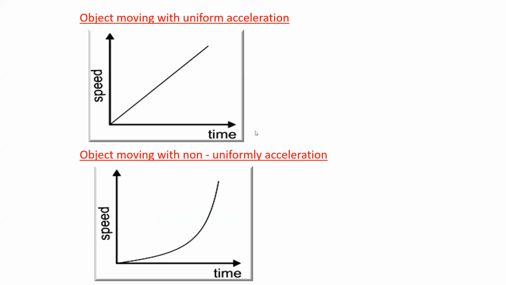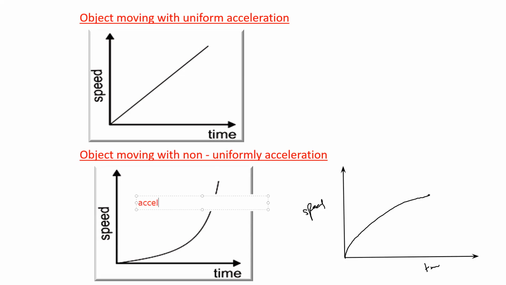Non-uniform acceleration means acceleration is changing. So then there are two possibilities. Acceleration might increase or acceleration might decrease. So for a speed-time graph, if the graph appears so that the slope is increasing, it means for this graph acceleration is increasing.